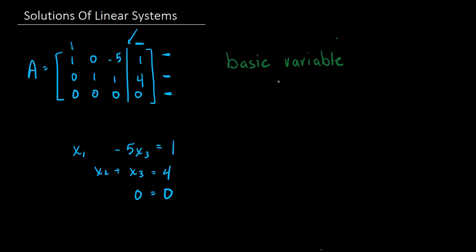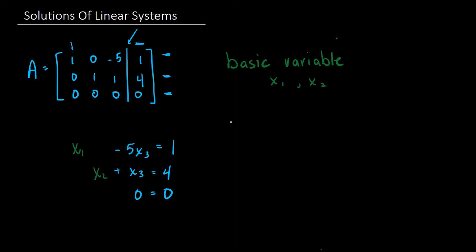So in this system, x1 and x2 are basic variables. They show up in one equation: x1 only shows up in the first equation, and x2 only shows up in the second equation. I'll write these in green so they stand out.